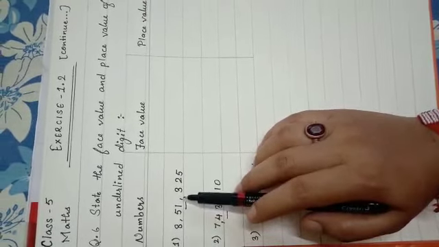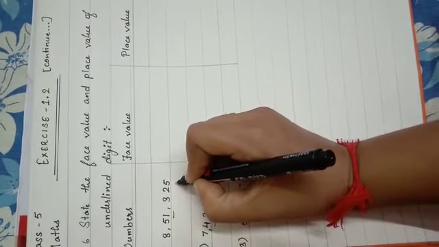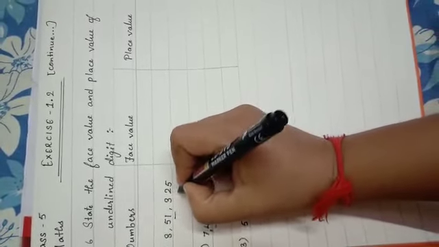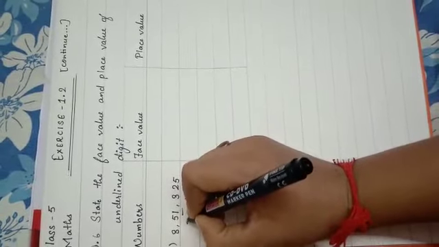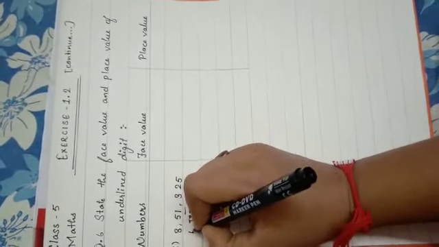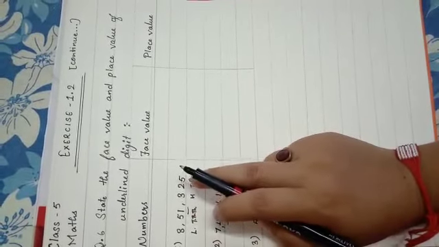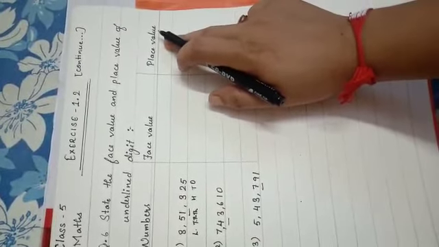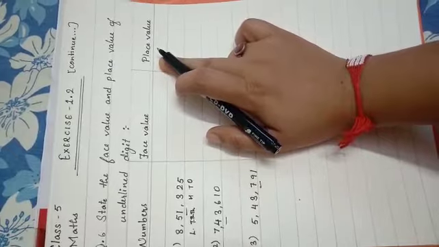We have to see here the place value order, that is ones, tens, then 100, 1000, 10,000, then lakh. This order will be useful only for the place value.